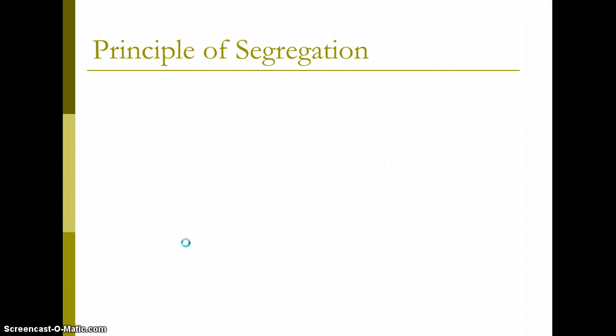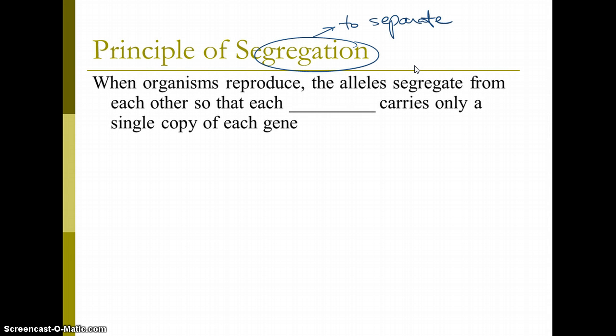All right, so the principle of segregation. I think you know what this word means. You learned about it in history class. This word means to separate. And this is really going to be important for Punnett squares, which we're getting ready to talk about. So when organisms reproduce, the alleles segregate from each other so that each gamete, this is a new word, gamete, I want you to write down a couple other things about gametes.